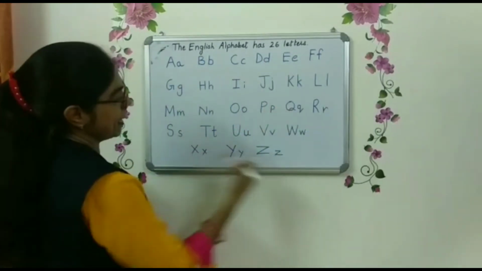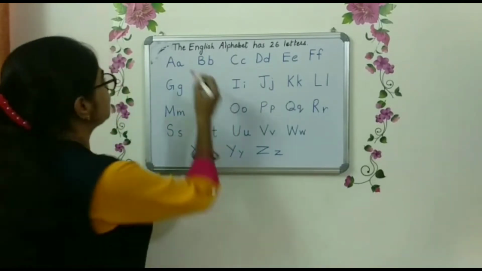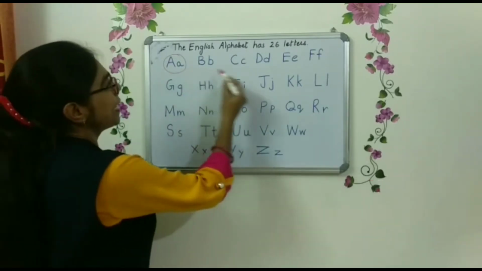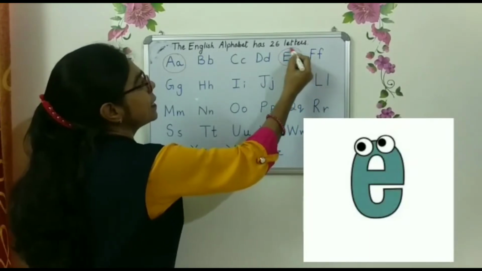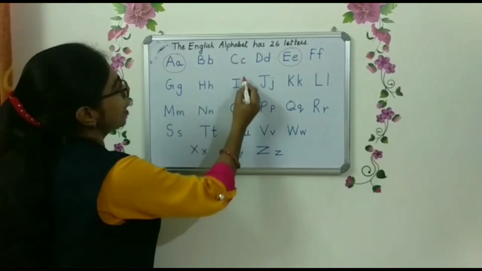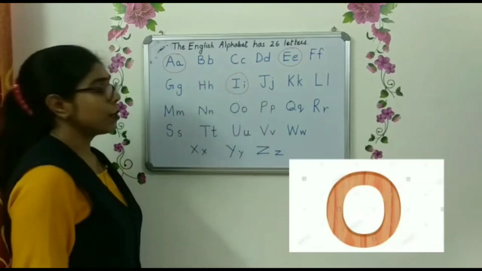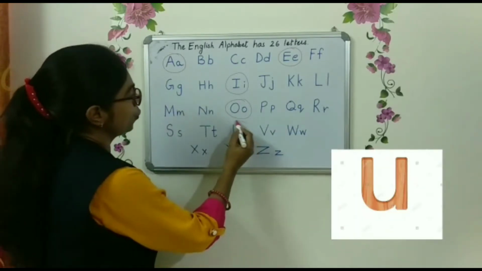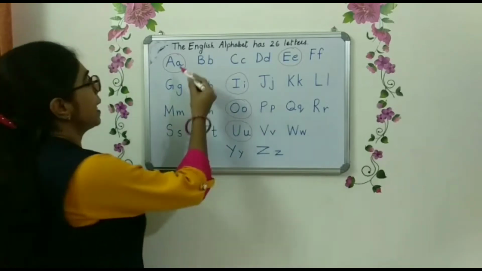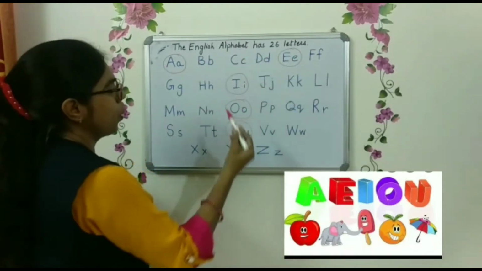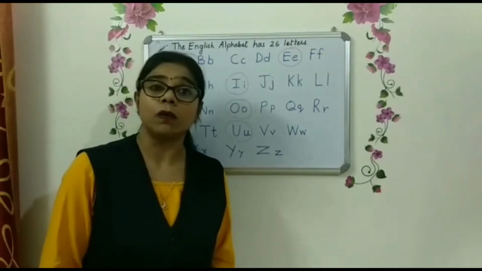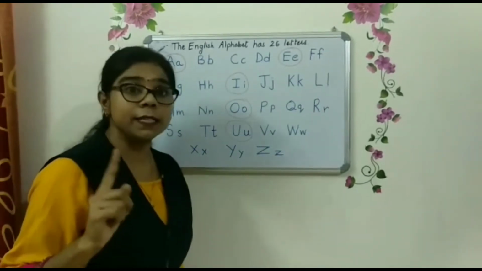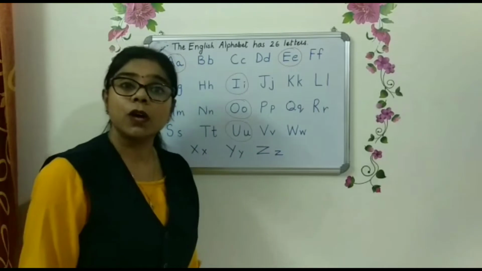In these 26 letters, the first vowel is A, second one is E, third one is I, fourth is O, fifth is U. A, E, I, O, U. These are 5 vowels, and the rest of the alphabets which we didn't circle are known as consonants.